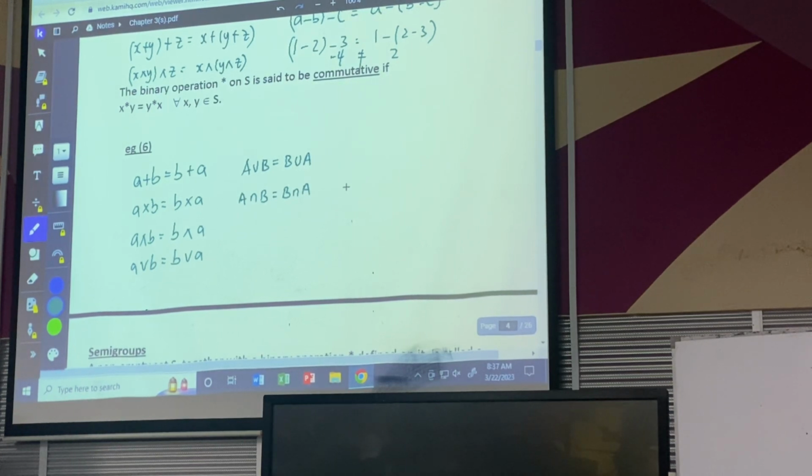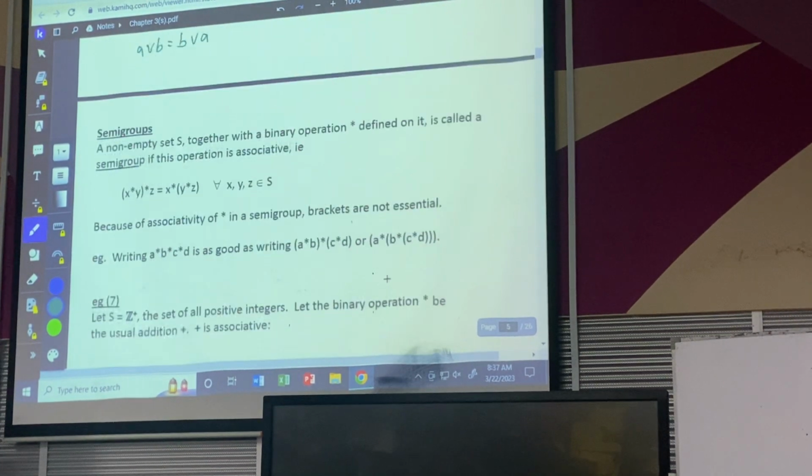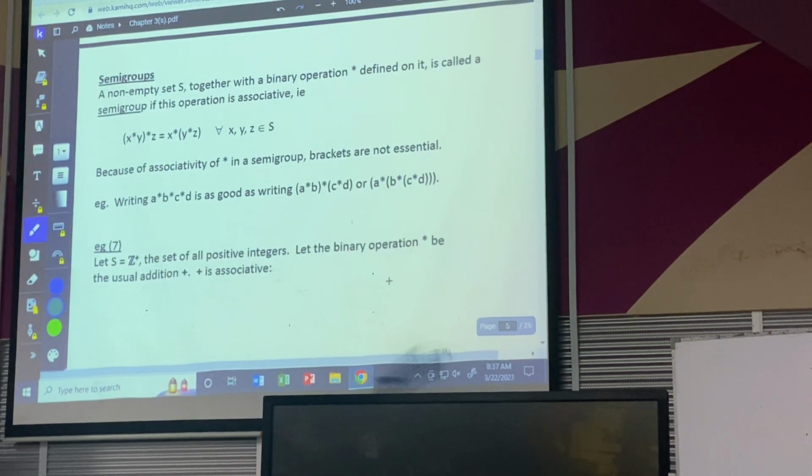So now you already know what a valid binary operation is, what associative is, and what commutative is, right? Come to the term in this chapter here, which is semigroup. Now, what is the meaning of a semigroup?